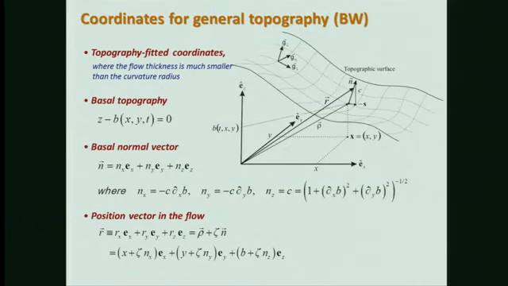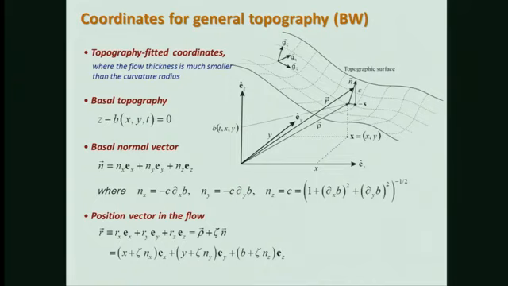There are many approaches and coordinate systems proposed by other researchers. In our survey, we found that the coordinate system proposed by Bouchut and Westdickenberg has many superior advantages, so we adopt their coordinate system.